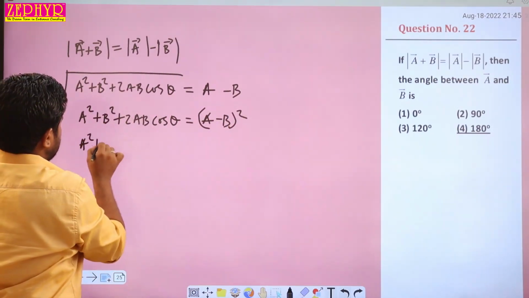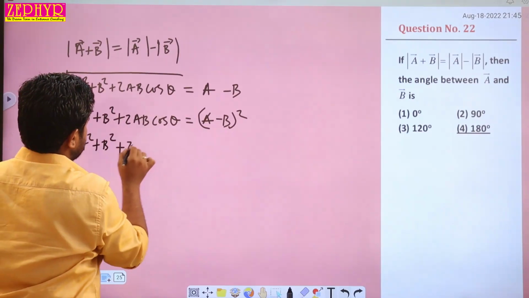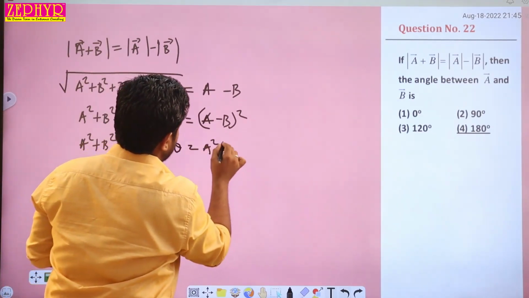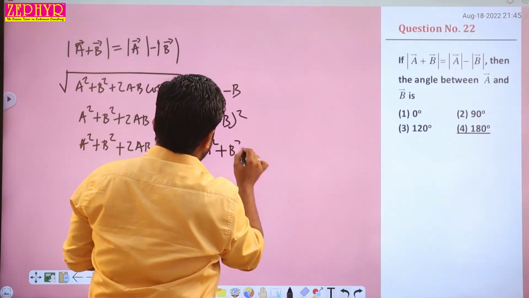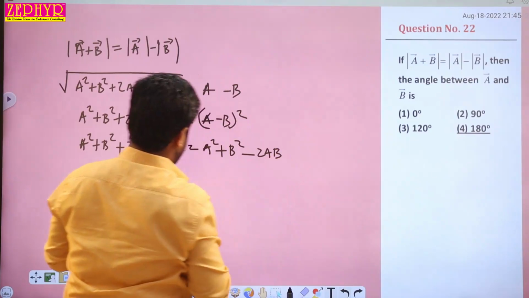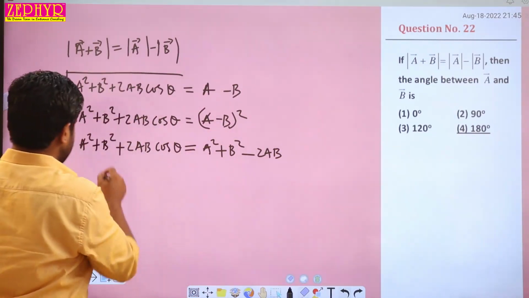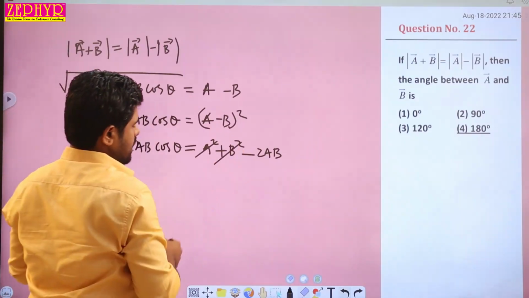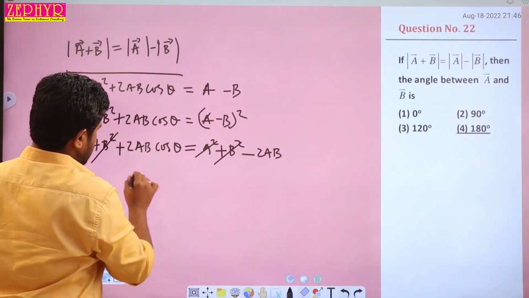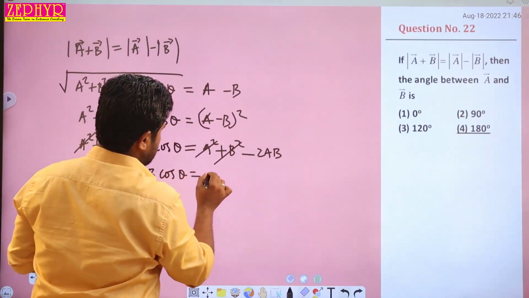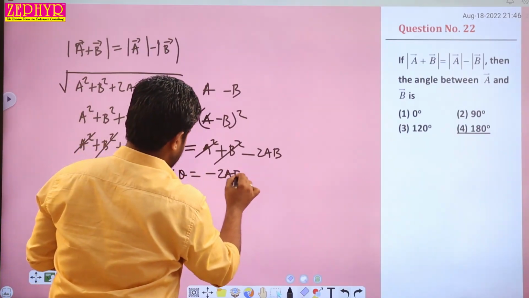Okay. So A square plus B square plus 2AB cos theta is equal to A square plus B square minus 2AB. Okay, so here A square and A square cancel each other, B square cancelled, then here 2AB cos theta equal to minus 2AB.